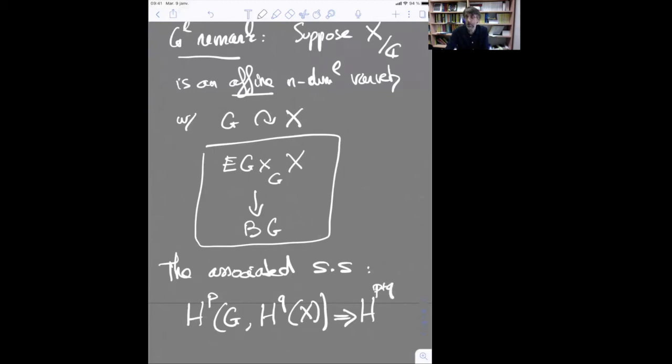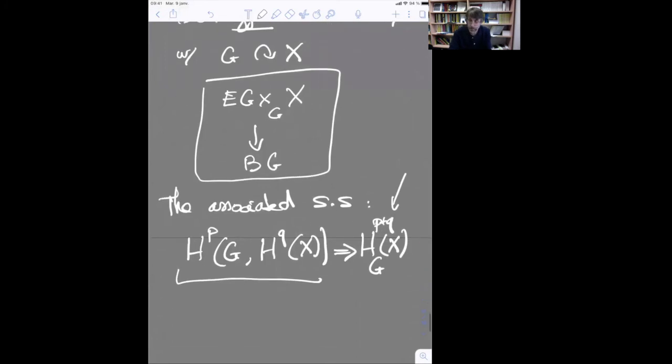But the cohomology of the total space, by definition, is the equivariant cohomology of X. So the equivariant cohomology is what we want to compute, and this is a more standard cohomology group of G with respect to the cohomology of the fiber.